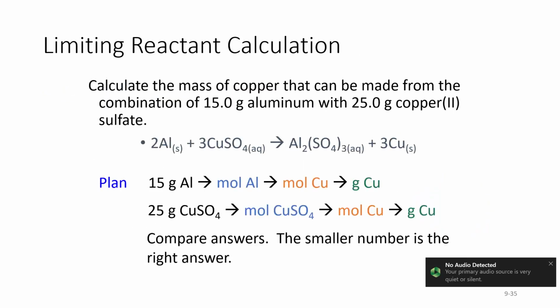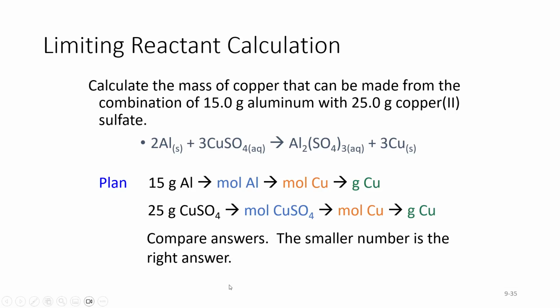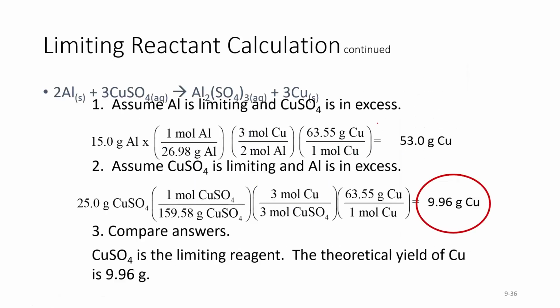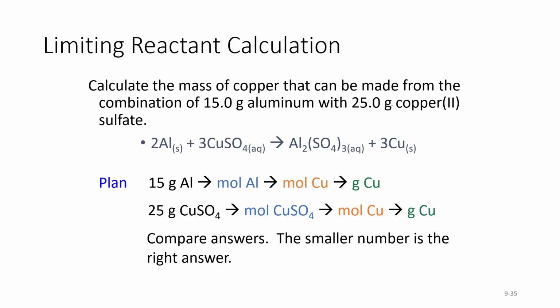So these problems are written out for you, so I will just follow along with what's here. Calculate the mass of copper, in grams, that can be made from a combination of 15 grams of aluminum with 25 grams of copper 2 sulfate.